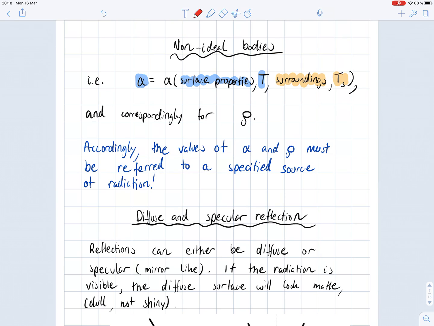And since rho equals 1 minus alpha, that means that the reflectivity also is a function of what is going on around your system. That means that you have to adjust your values or specify your values of alpha and rho for a specified source of radiation.